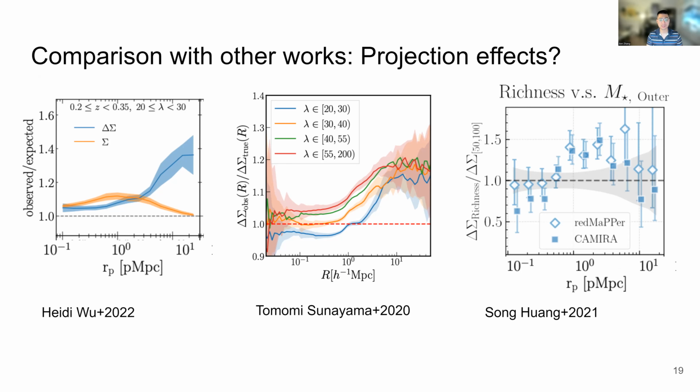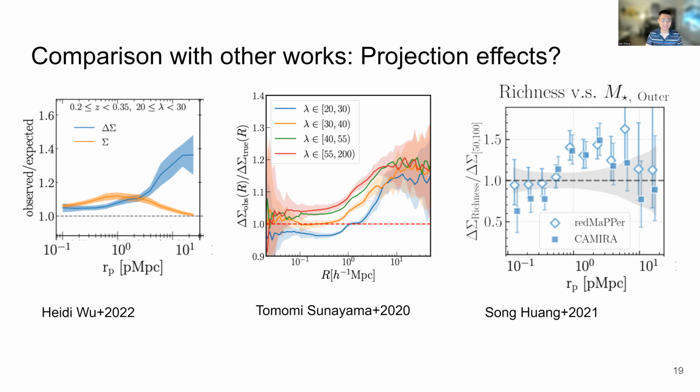Similarly, Tsuneyama used the cylinder halo occupation density to mimic the results of redMaPPer, and she found that comparing the delta sigma observed versus delta sigma true gives equally this positive bias. Song Huang, using HSC data, compared the redMaPPer selected clusters versus Chimera, which is an outer stellar mass proxy for the total mass of the cluster, which is less sensitive to projection effects. And what they found is that there's a boosting in delta sigma when selected by redMaPPer.